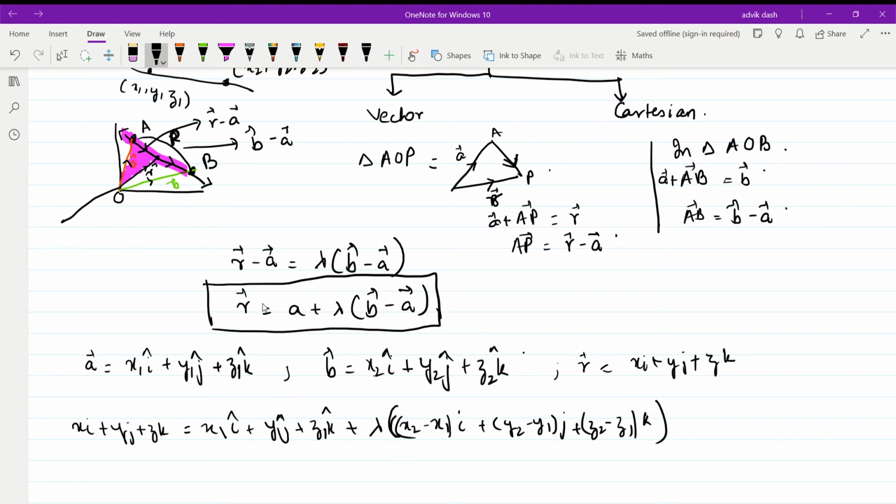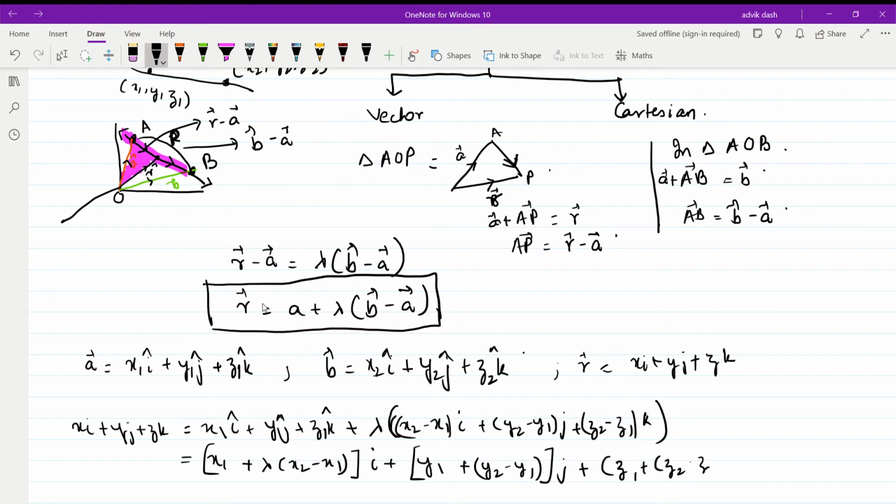Now I put everything together. I get x1 plus lambda times x2 minus x1 into i. I am trying to put all the i's together. Plus y1 plus lambda times y2 minus y1 into j, and plus z1 plus lambda times z2 minus z1 into k.